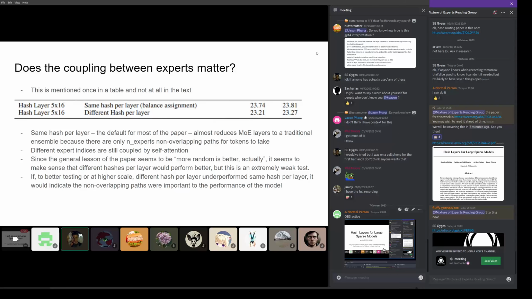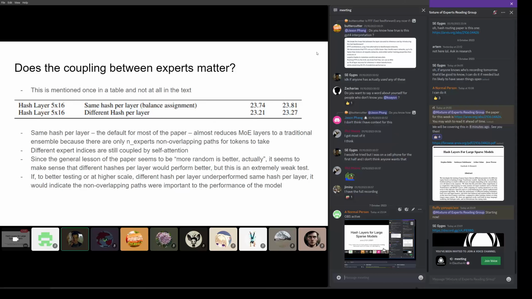It seems actually extremely important as a difference to me because you end up with effectively totally parallel experts that never interact with each other except through self-attention if you use the same index for every layer. But they don't seem to have thought about this very much, and they don't talk about it at all.